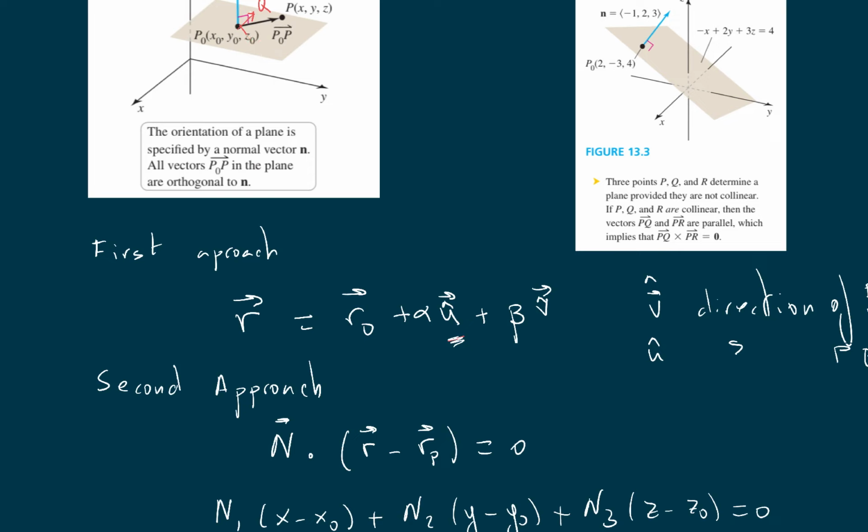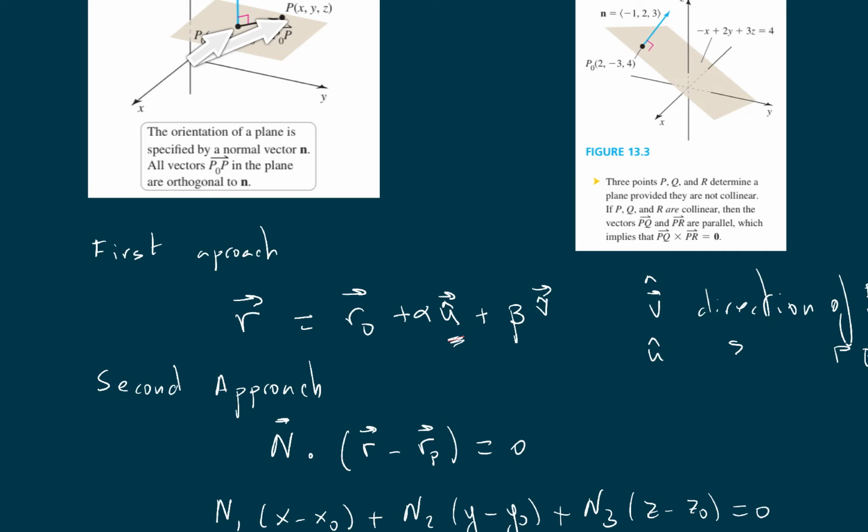Let's erase here to see it clearly. Any point x, you can imagine the vector r that goes from the origin to the point x. You can also imagine the vector that goes from the origin to the point P0.